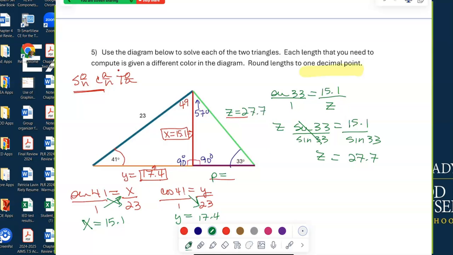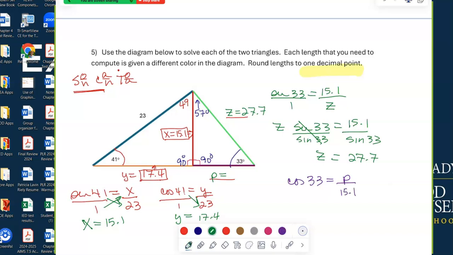Okay, last side is the adjacent side, so I'm going to use cosine. So we're going to say that the cosine of 33 equals adjacent, which is P, over 15.1, which is the hypotenuse.